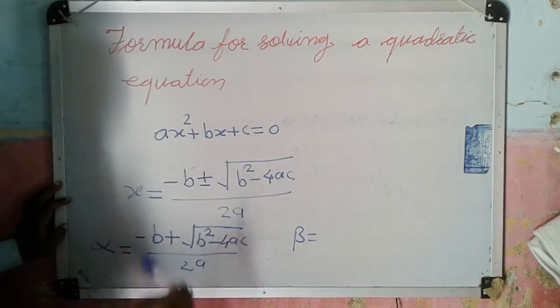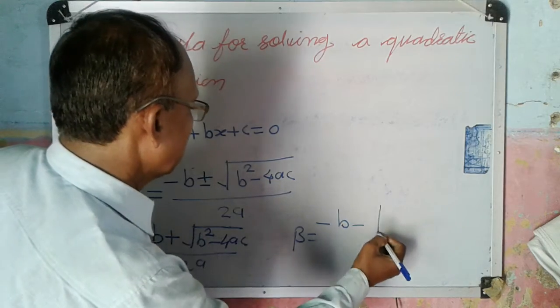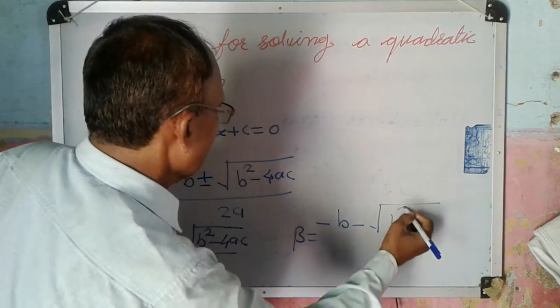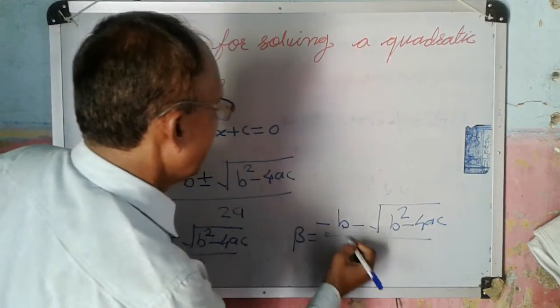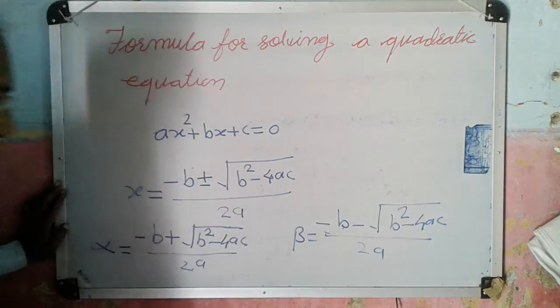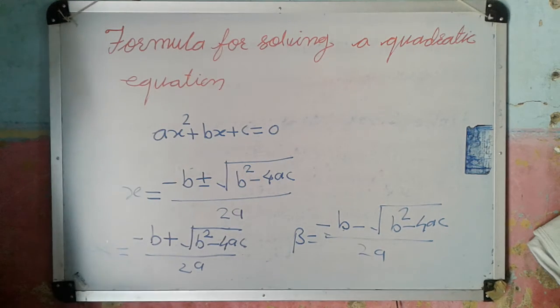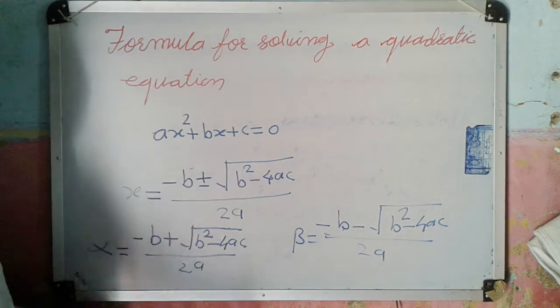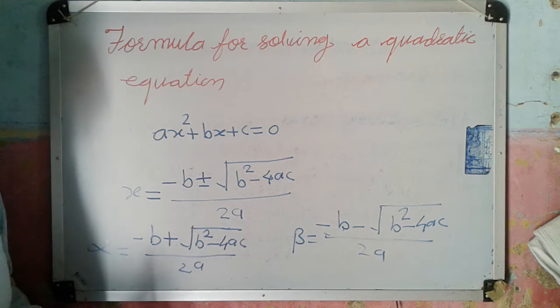So by taking minus sign we get minus b minus under root b square minus 4ac upon 2a. So using this formula we can find the roots of quadratic equation. So for that we should know how to take the values of a, b and c. So we use this formula to solve equations.